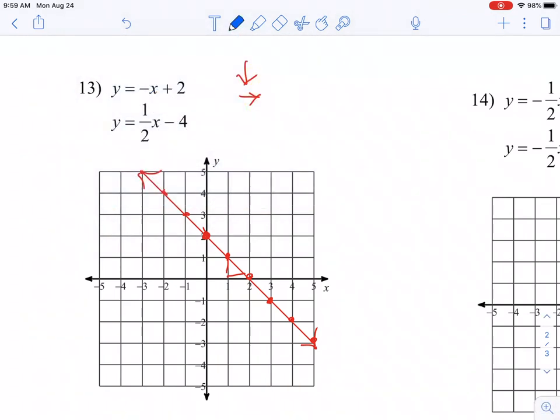For my other equation, 1 over 2, I'm going up 1, right 2, and I'm beginning at -4. So I'm going to put a point at -4, and I'm counting up 1, right 2. Up 1, right 2. Connect my points.